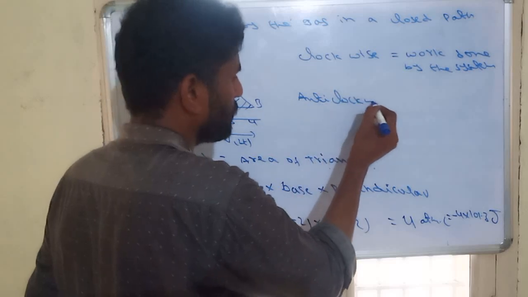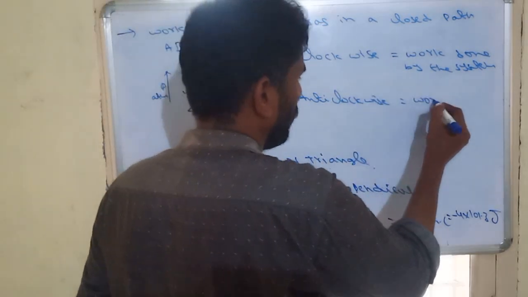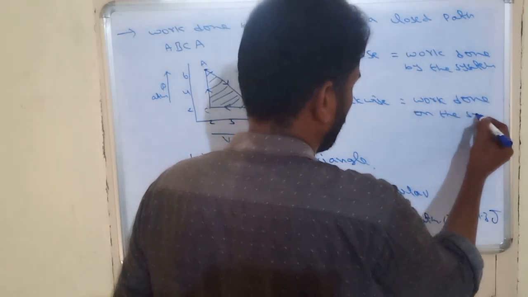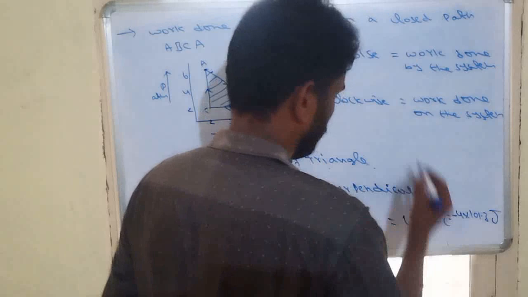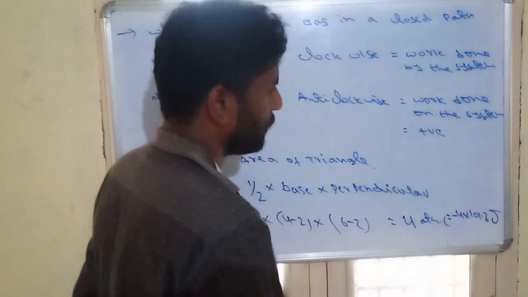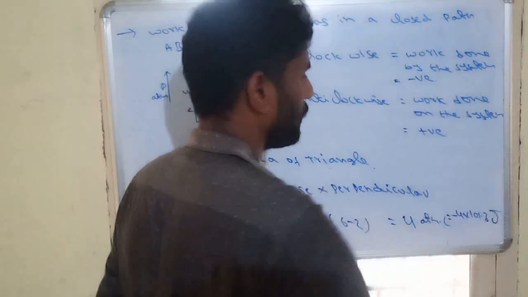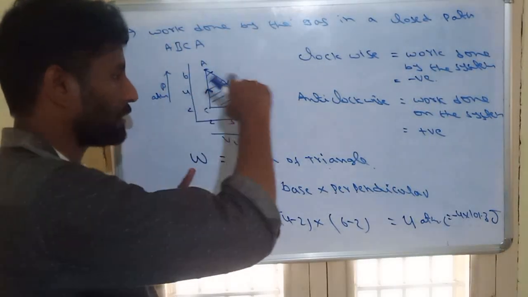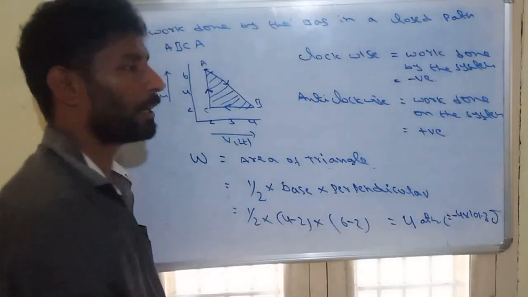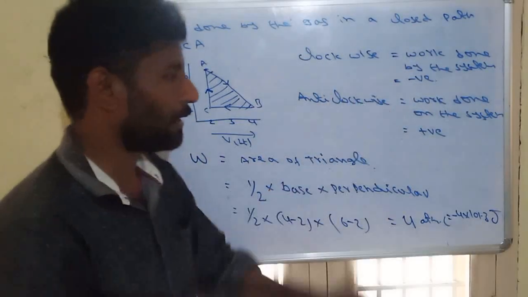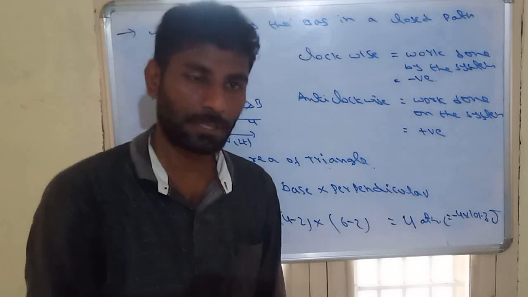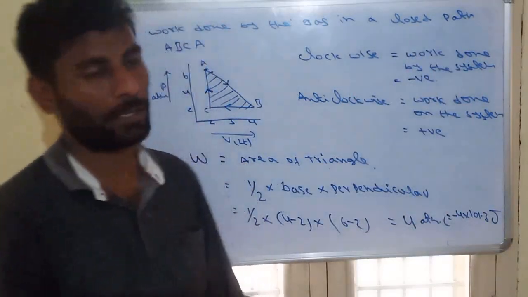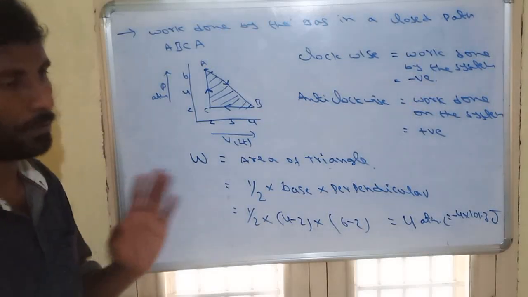When anti-clockwise is given, then that will be work done on the system. On the system means the sign we have to take positive. By the system means the sign we have to take negative. So whenever some arrow marks are representing like this, if that is clockwise, that must be work done by the system. If it is anti-clockwise, work done on the system. Work done on the system sign will be positive. Work done by the system sign will be negative. So that is about work.